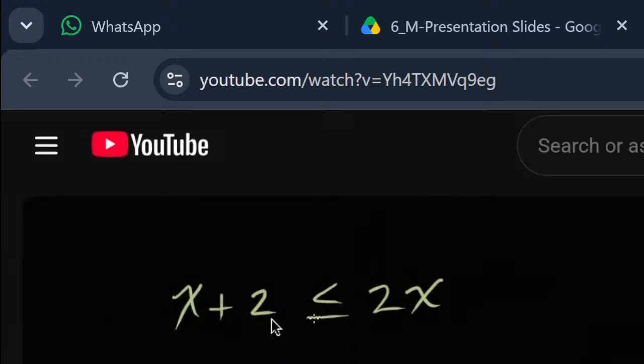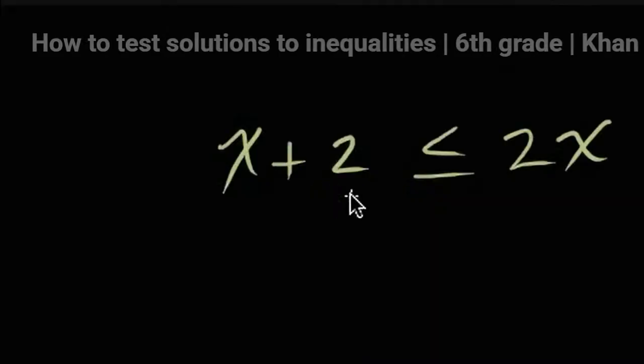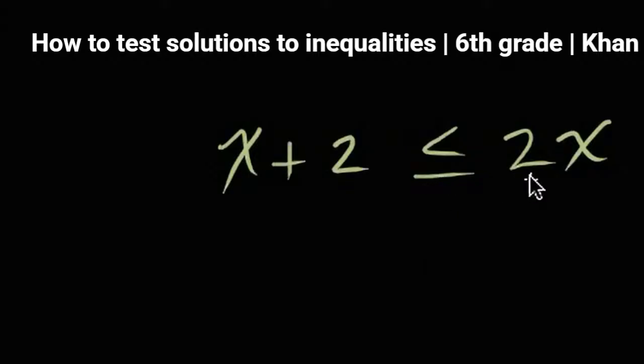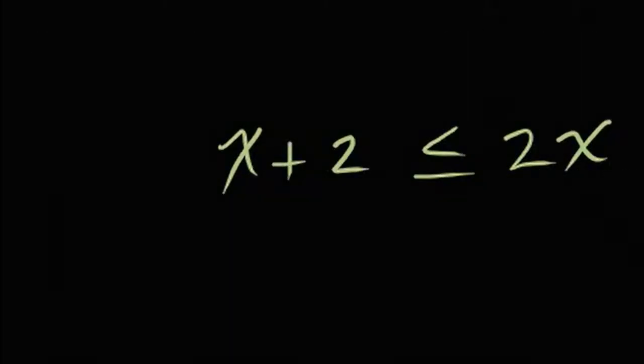So we have two inequalities here. The first one says that x plus 2 is less than or equal to 2x. And this one over here in this light purple mauve color is 3x plus 4 is greater than 5x. Now over here we have 4 numbers, and what I want to do in this video is test whether any of these 4 numbers satisfy either of these inequalities.